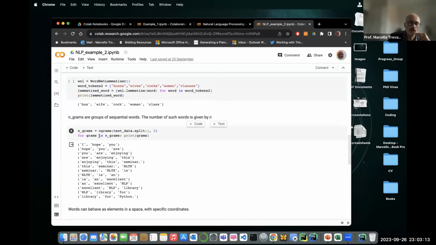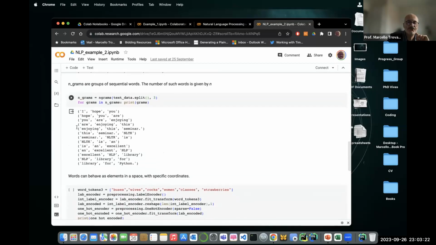And then we can also look at n-grams. N-grams were part of a project introduced by Google. What we are doing here is looking at sequential words. If I say n-grams, the n gives us the number of sequential words. Here I'm saying 3.